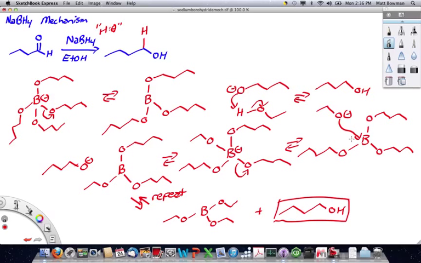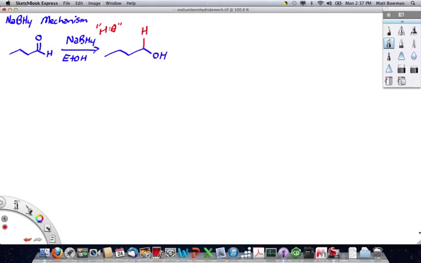Now, that's an awfully long mechanism. There is a shorter mechanism that you're more than welcome to use on exams. The important part is it keeps track of the key events.